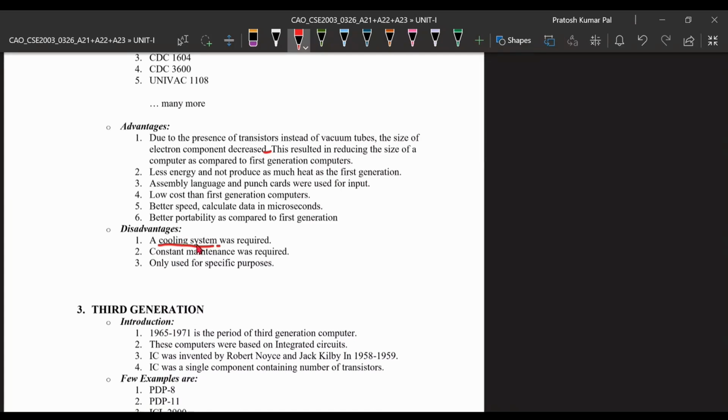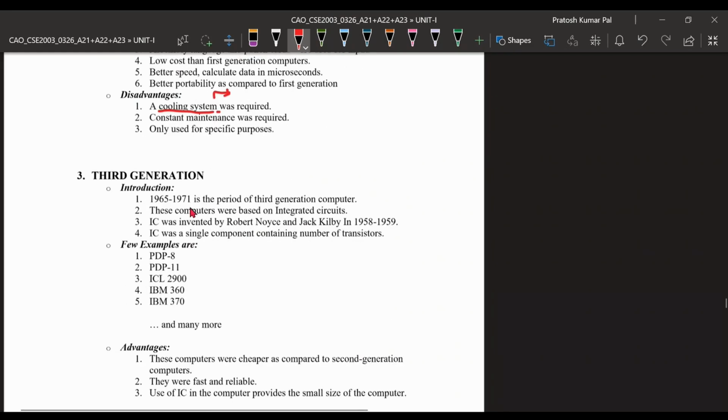As the complexity increases in terms of transistors, the cooling system required has to be better and better. It is always a disadvantage, because if we are not providing a better cooling system, our system is going to collapse.